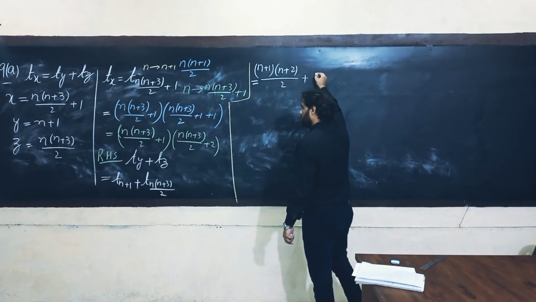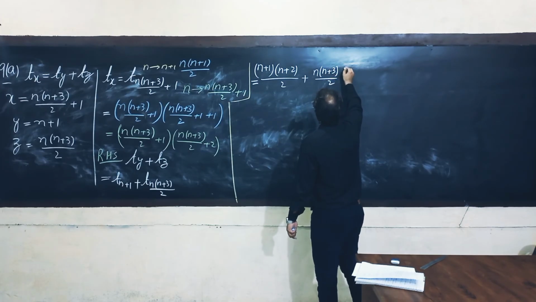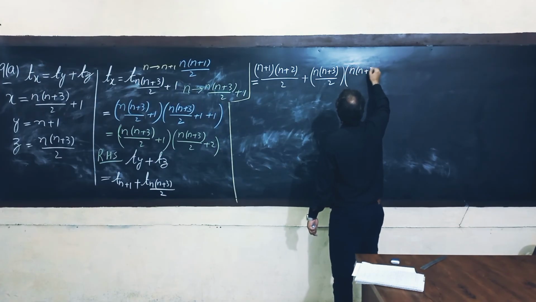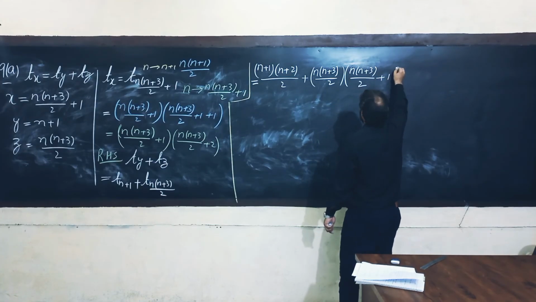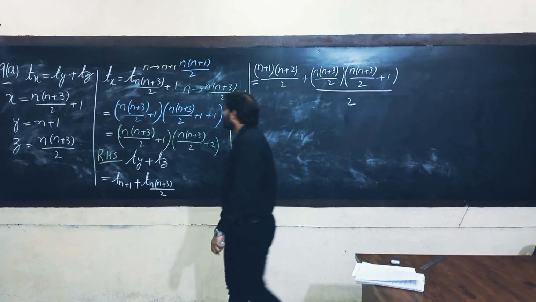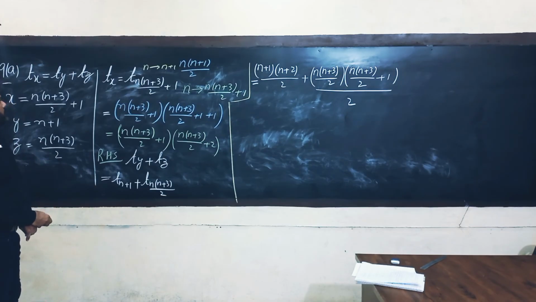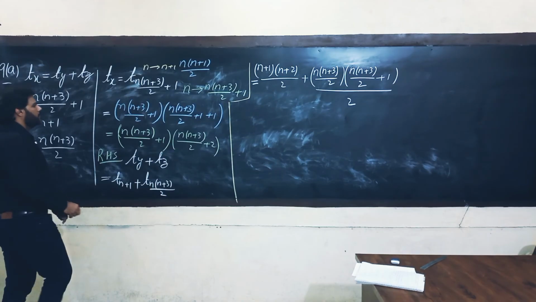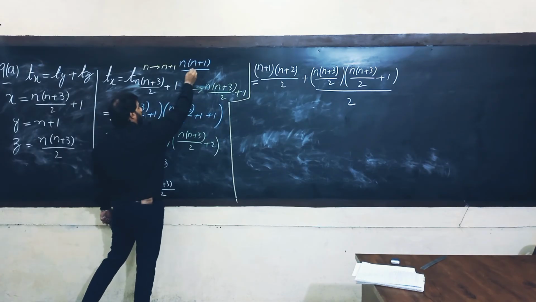Next plus Tz, that is n into n plus 3 over 2, into n into n plus 3 over 2 plus 1 over 2. Here I think I have a mistake. Yes, there is a 1 by 2 here. This one.